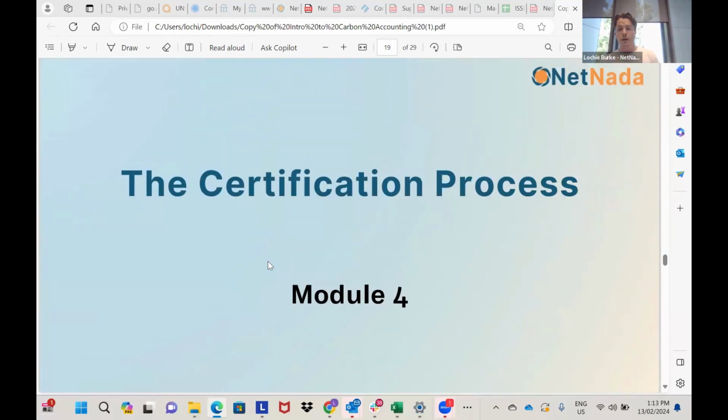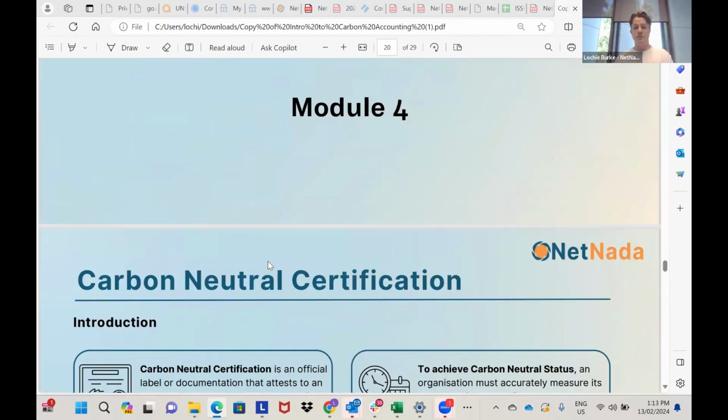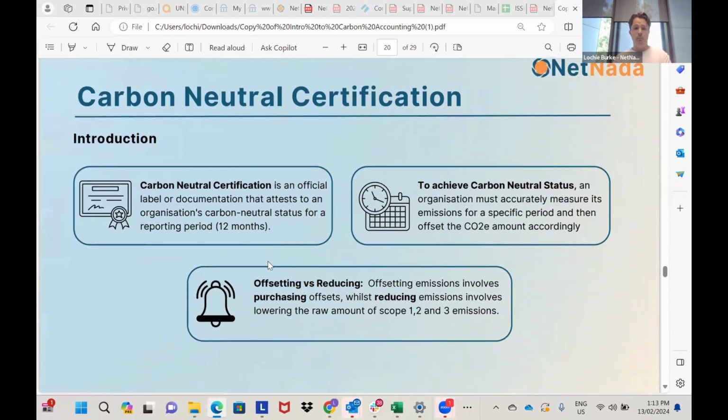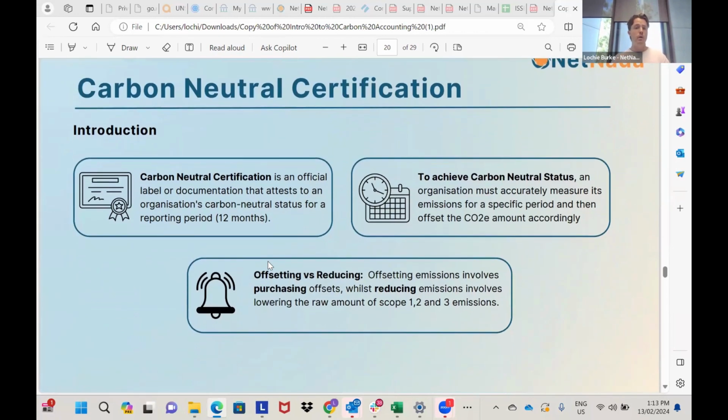Cool. So with that in mind, finally for today, the certification process and how different certifications can help different businesses. It's really important to remember as well, while carbon neutral certification is a fantastic certification to achieve, and it's definitely sort of the North Star for most businesses who are trying to improve their environmental sustainability, there are other certifications that may be more suited to you.